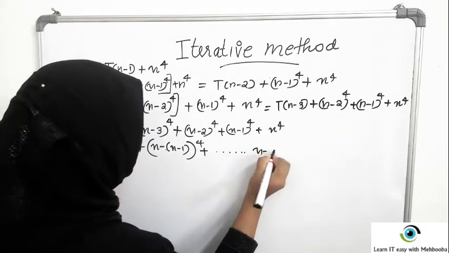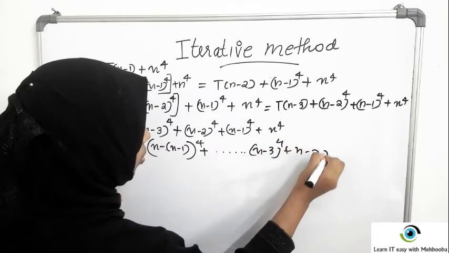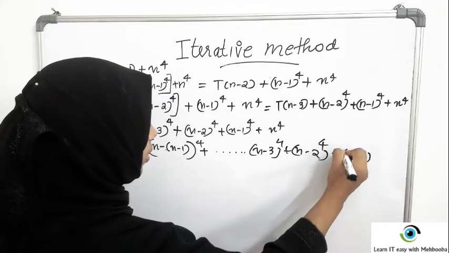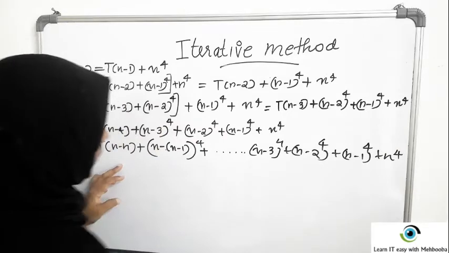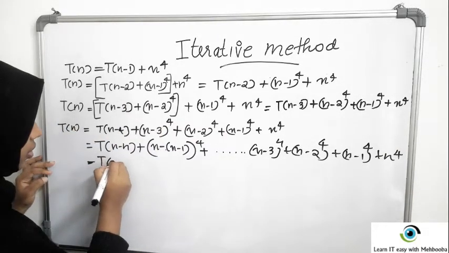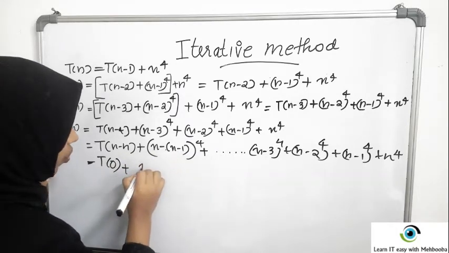Plus n minus 3 the whole raised to 4 plus n minus 2 the whole raised to 4 plus n minus 1 the whole raised to 4 plus n raised to 4. So n is T of 0 plus n minus 1 is 1, isn't it?